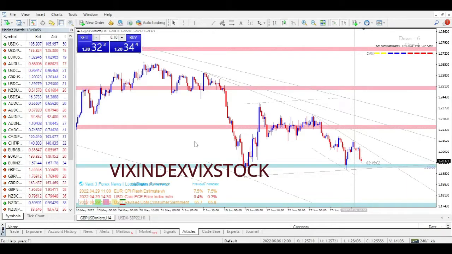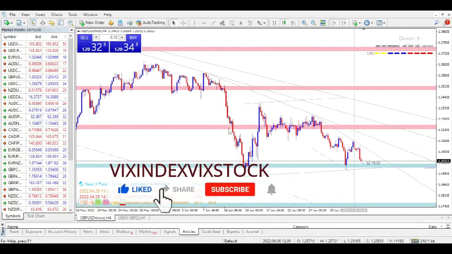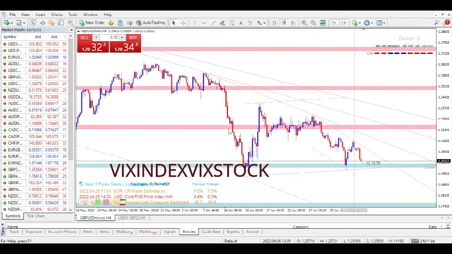Number 4, monitor your drawdown. Ignoring drawdown and other important risk metrics is one of those things that will land you in trouble. It's important that you understand your drawdown, the margin that you still have, and the amount of money that you are still willing to risk or lose.